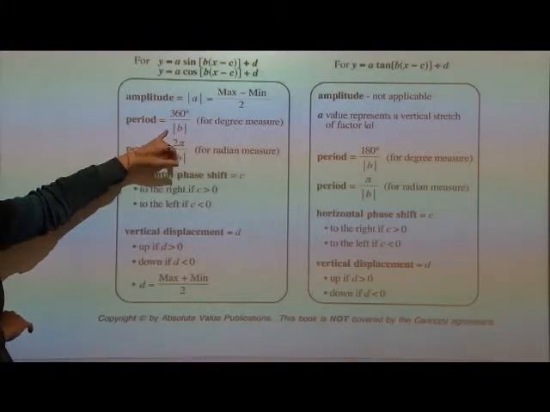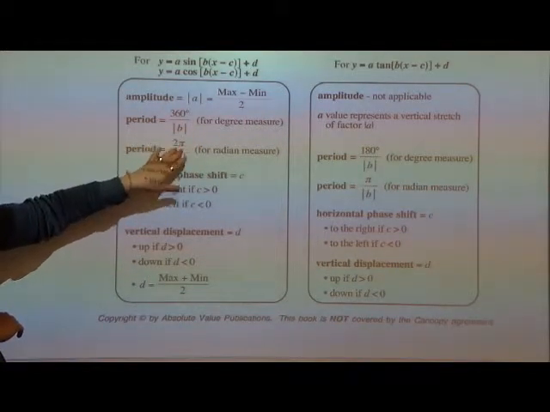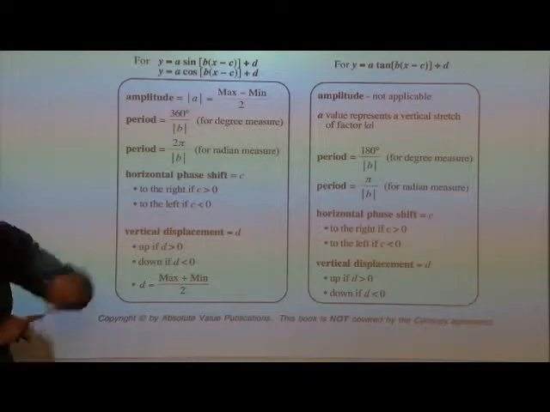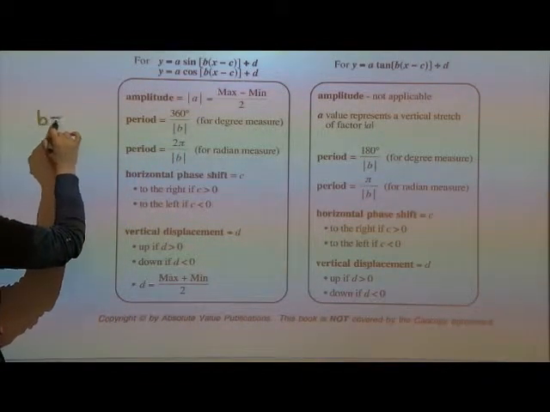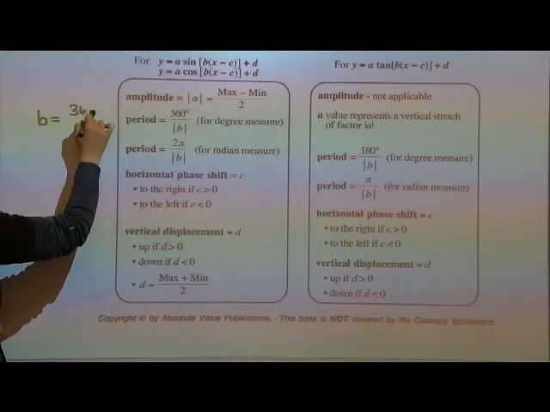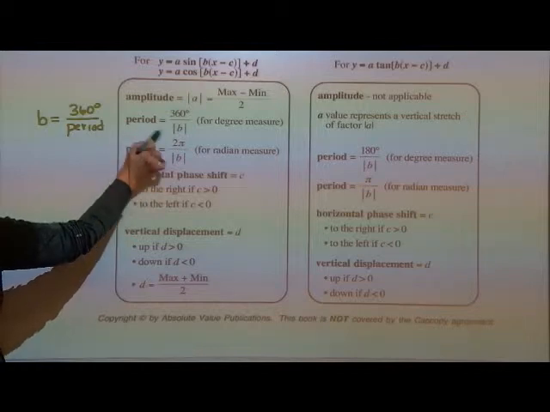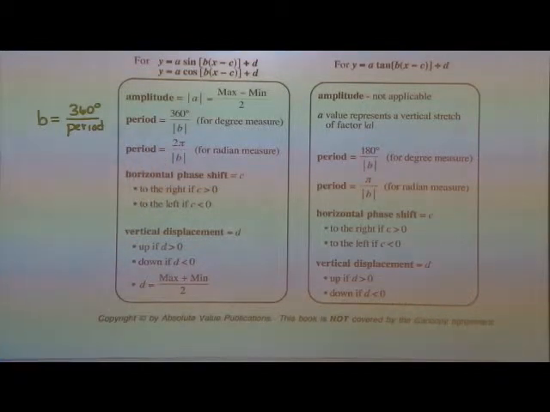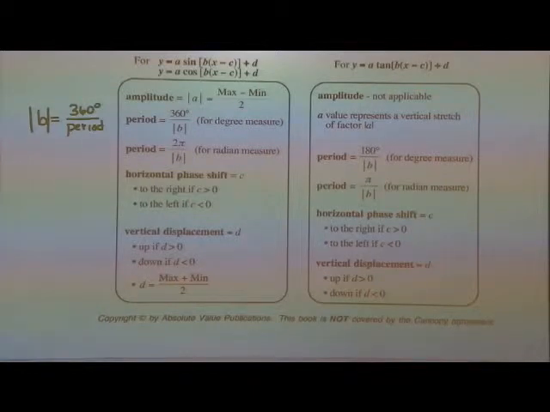Then we have the period, which is 360 degrees divided by B, or 2 pi divided by B. Something to remember, if I went the other way, B would be equal to 360 divided by the period. So these two values could be interchanged. And this would be calculating the absolute value of B.